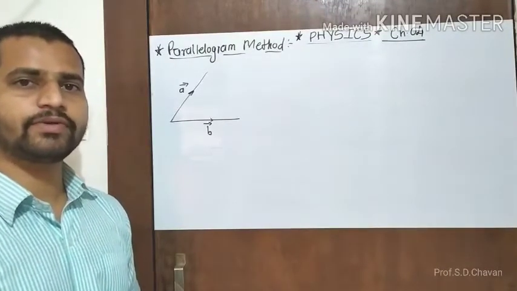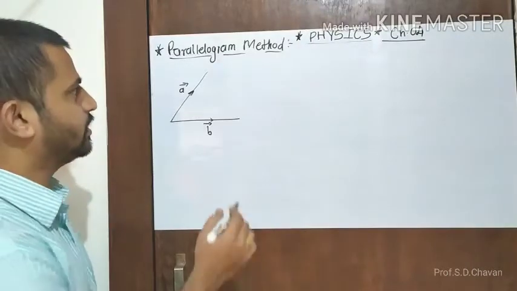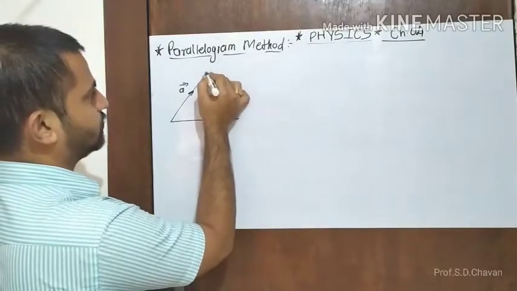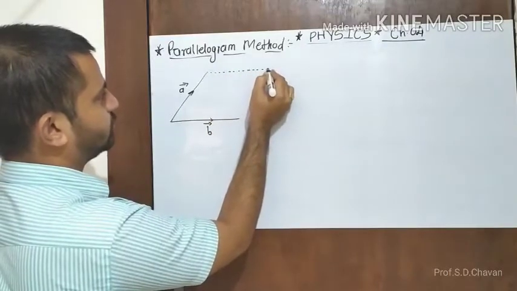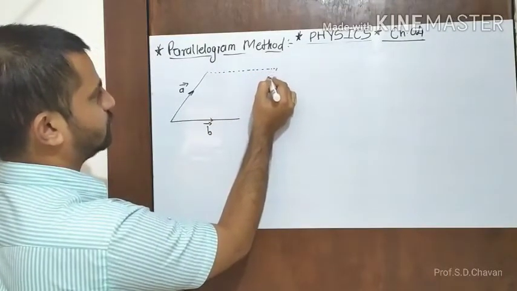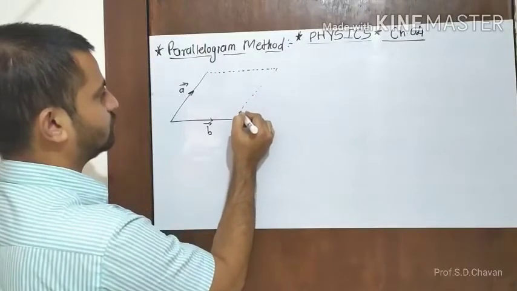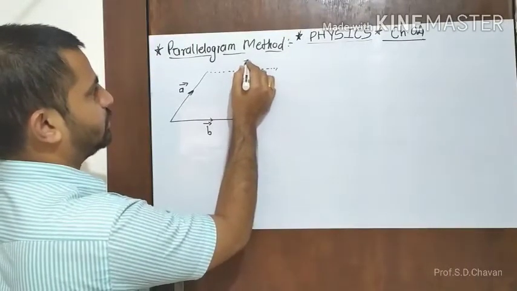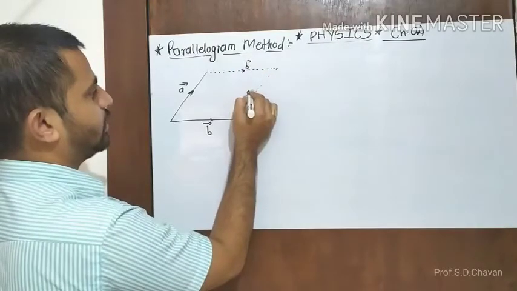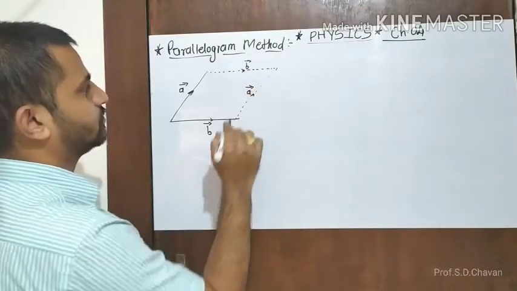So for that purpose, first of all we have to complete this parallelogram. We will take one imaginary vector. Okay. So this is the vector B again, and this is the vector A. Okay.